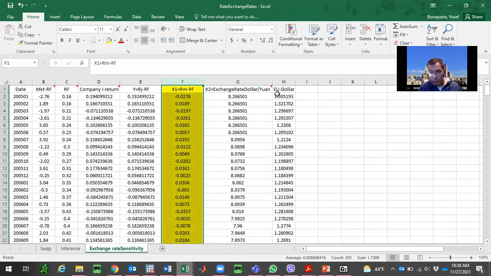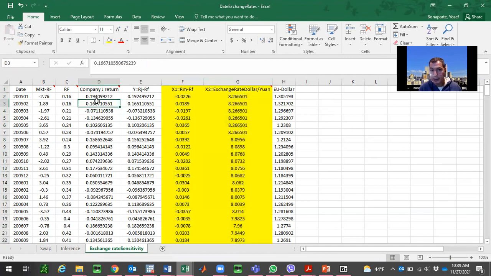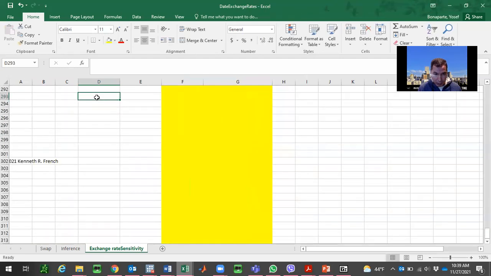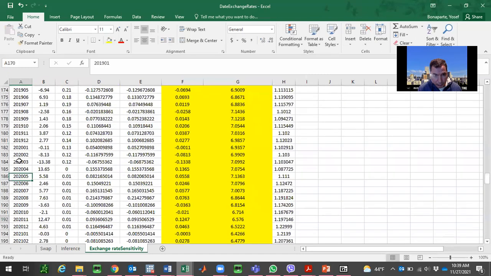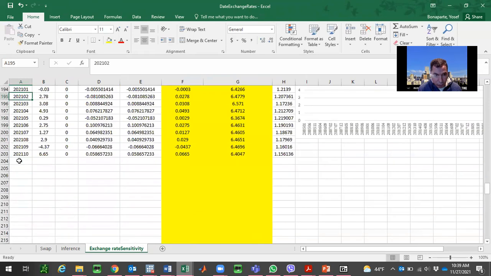If you want to choose one of these currencies, the Chinese or the European, then you're done. You didn't need to collect any data. Then all you have to collect is just the company that you want to analyze. So put the numbers here, right click, paste values, and make sure at the bottom you're done at October 2021.